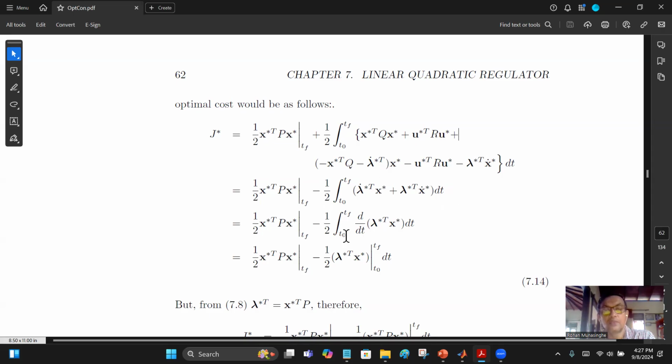Then you have a half here, integration. If you look at this one, it's a very nice expression, isn't it? You have lambda dot transpose x and lambda transpose x dot. So this is a result of a differentiation of a product, and this is that product, lambda transpose x.